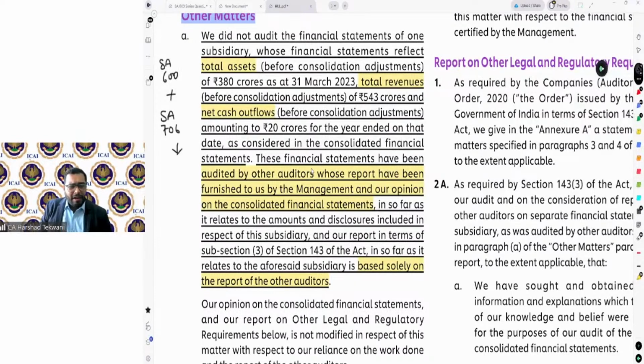We are required to report in the other matter paragraph when we are using the work of another auditor. Clear? Any doubt? And this is necessary. So this reporting is necessary as per SA 706 and 600. You are required to state this fact.